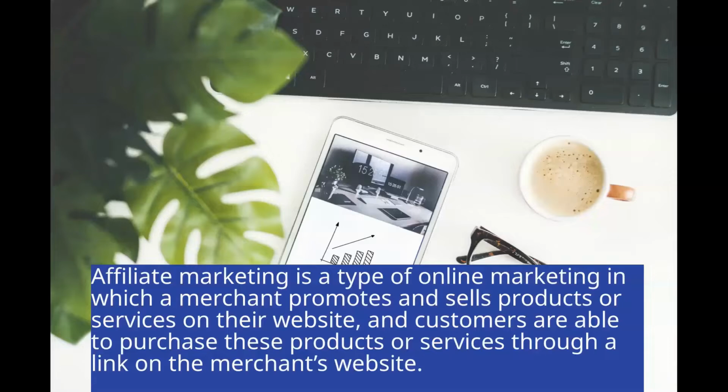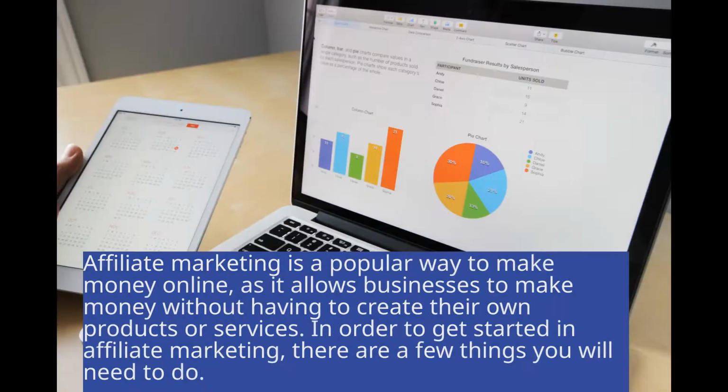Affiliate marketing is a type of online marketing in which a merchant promotes and sells products or services on their website, and customers are able to purchase these products or services through a link on the merchant's website. Affiliate marketing is a popular way to make money online, as it allows businesses to make money without having to create their own products or services.